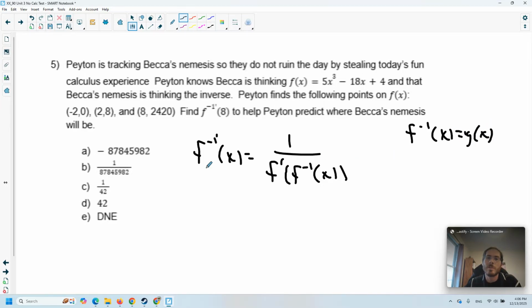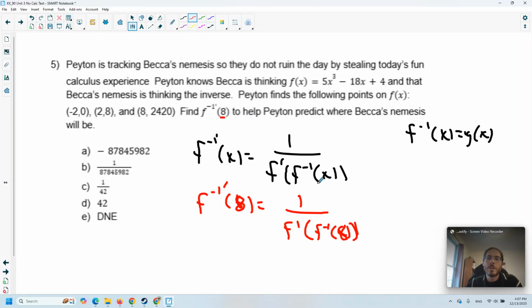So we could be finding g prime of x. So we want to find f inverse prime of 8, so we're going to plug 8 in for the x. F prime, f inverse at 8.